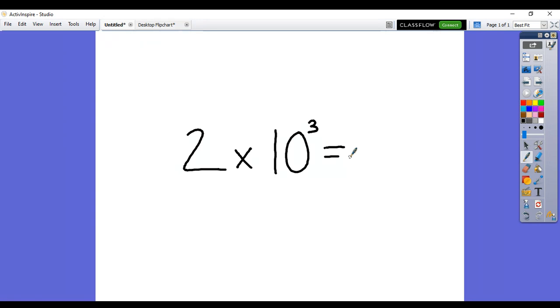Following PEMDAS, or please excuse my dear Aunt Sally, you saw Ms. Timpson teach in a video about the order of operations. That's what PEMDAS is.